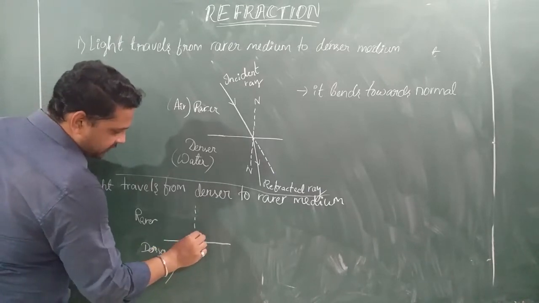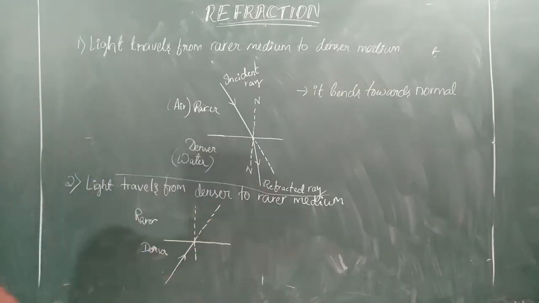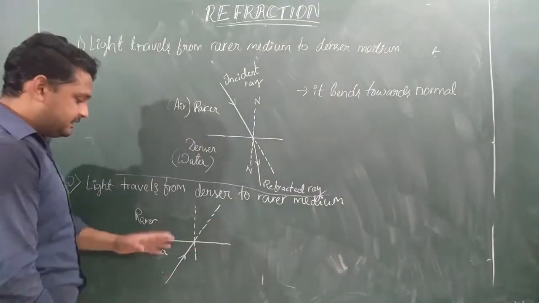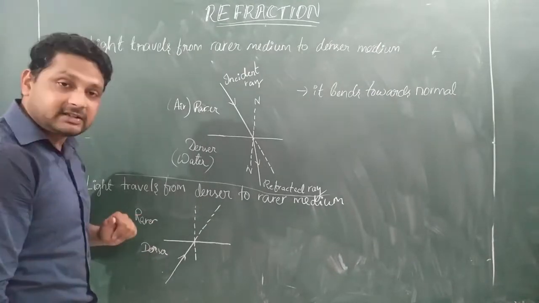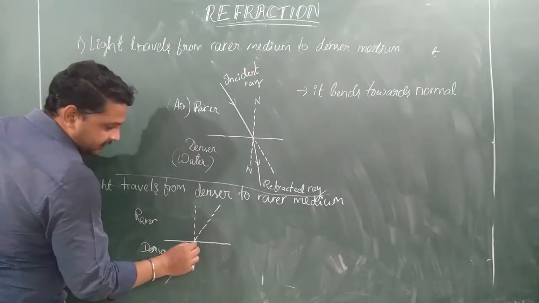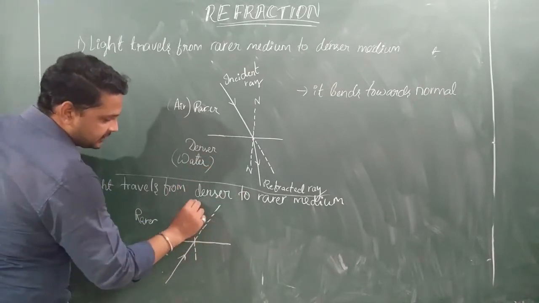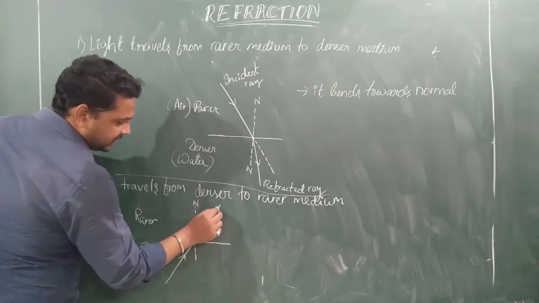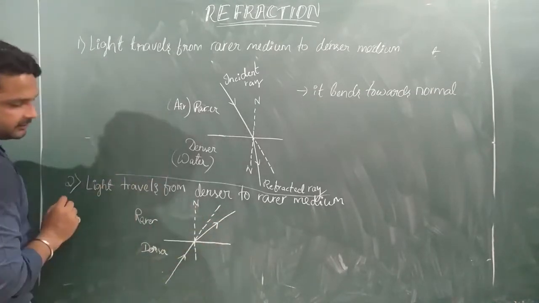Now the light ray should go along a straight line, right? It should have gone like this, in a straight line. But since it is moving from a denser medium to a rarer medium, refraction will take place, and the light ray will do the opposite. It will move away from the normal. This is the normal. So instead of going like this, it will move away from the normal, this way.